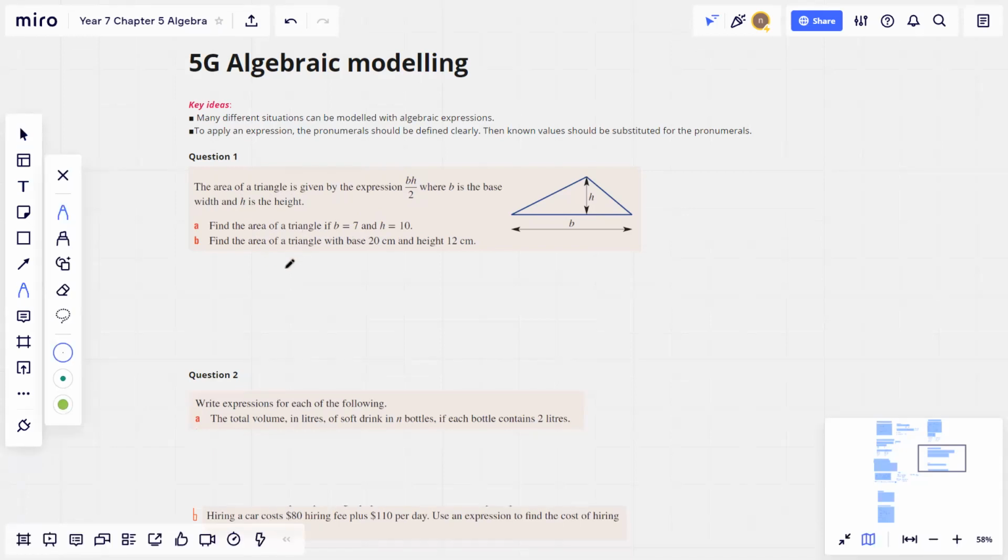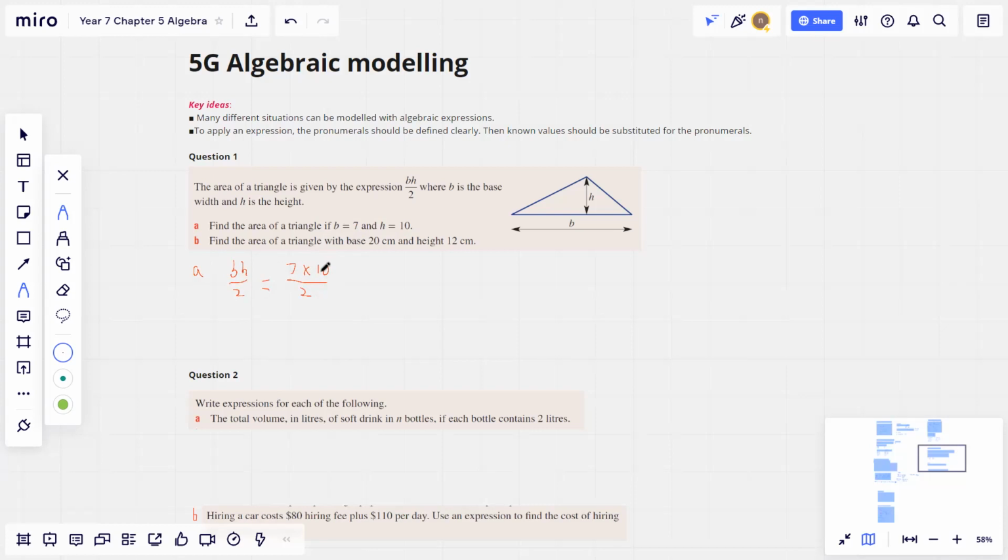For the first question, part A, we know it's b times h divided by 2. So we need to substitute 7 for b and 10 for h. We just write 7 times 10 divided by 2.